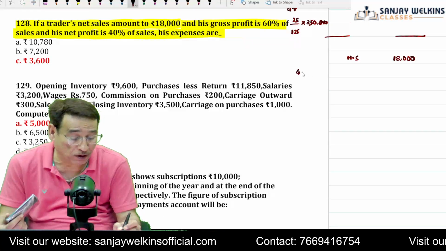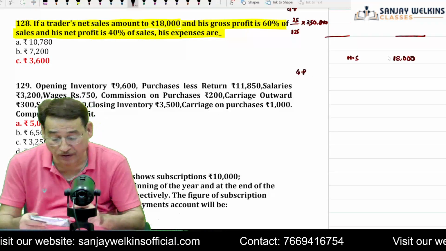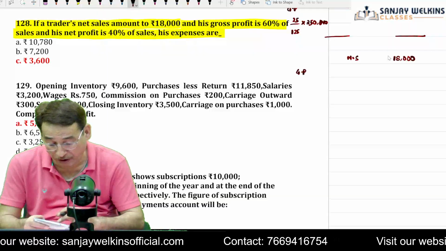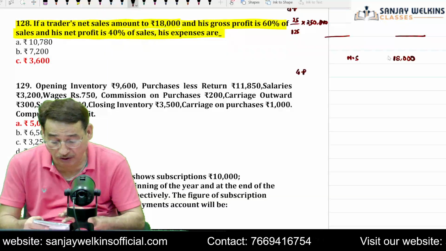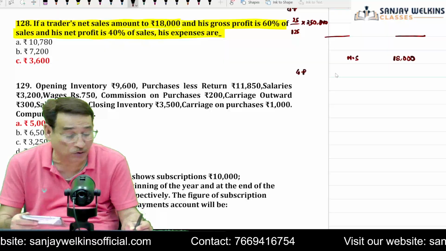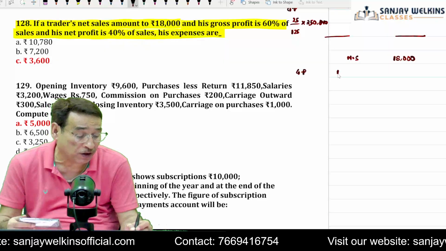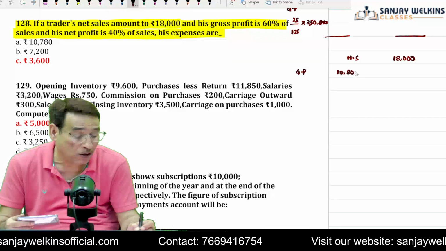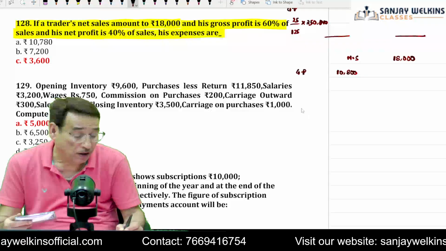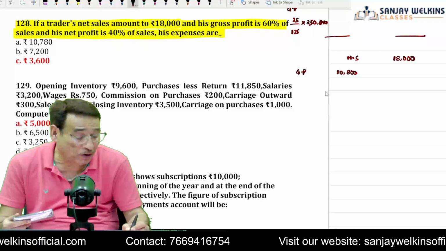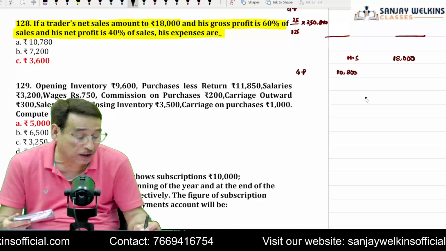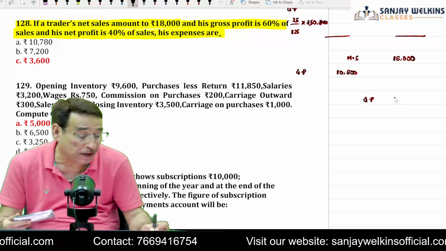Gross profit is already given to you. Gross profit is 60%. So we compute 60% of 18,000. So 18,000 into 60%, that is equal to 10,800. So this is our gross profit. We know that when we prepare profit and loss account, we write gross profit on the credit side.